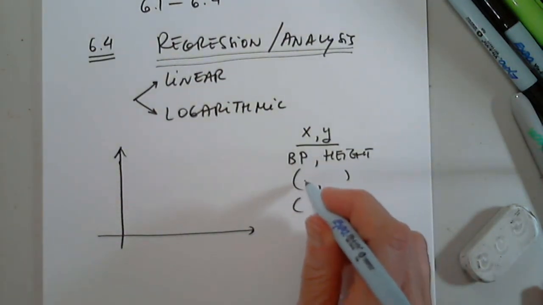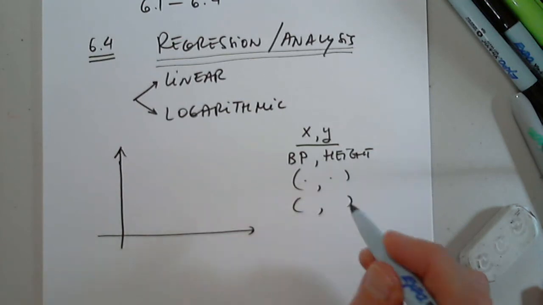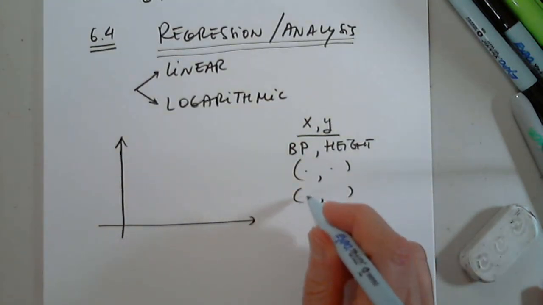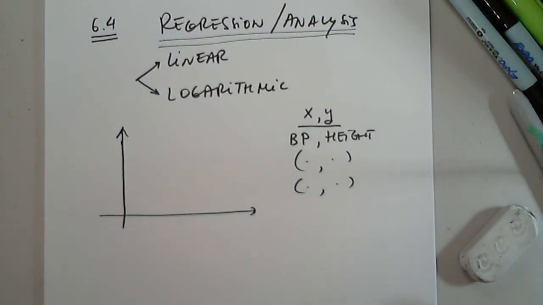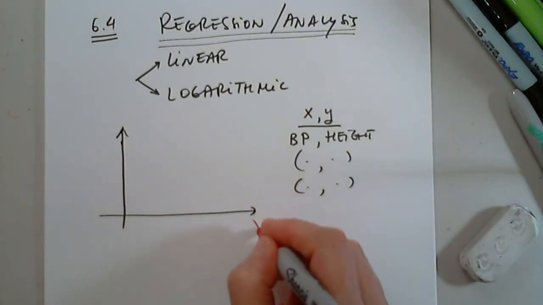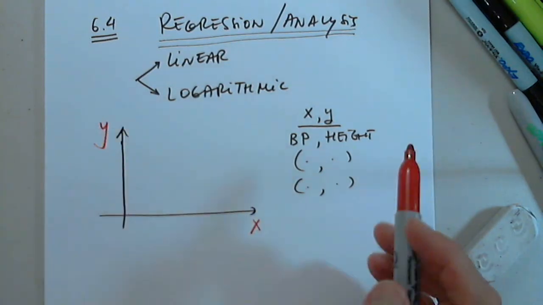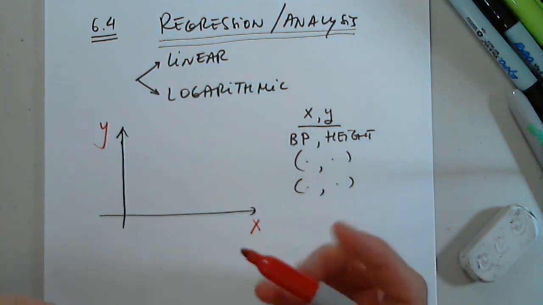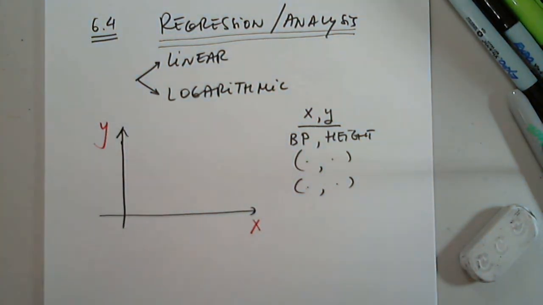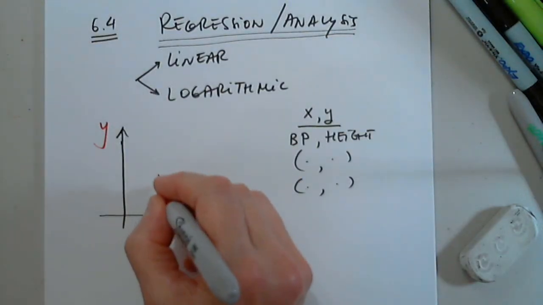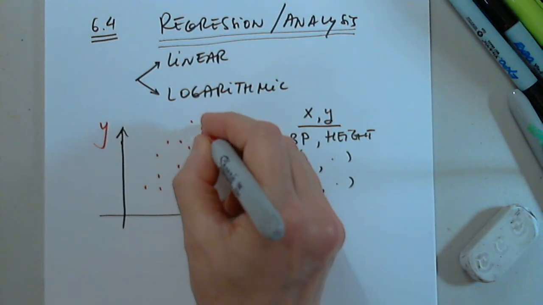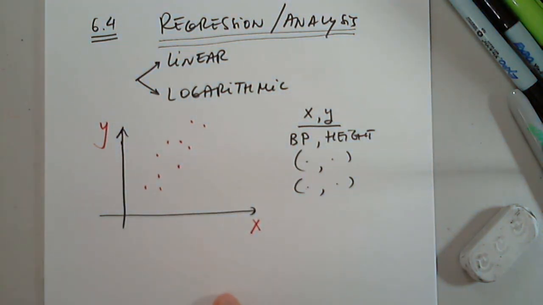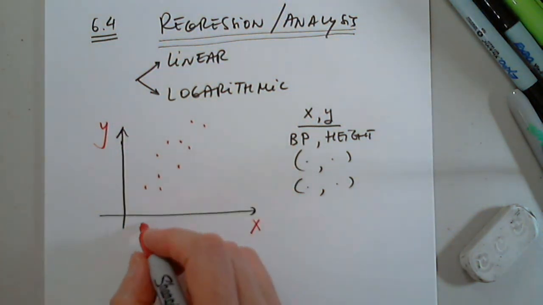First individual blood pressure, height, second individual blood pressure, height, third individual, and I plot these points. So this is x, the blood pressure, and this is y, the height, or the other way around, whatever I want to study. But let's say I get some points, and these are the points. This is called a scatter plot.